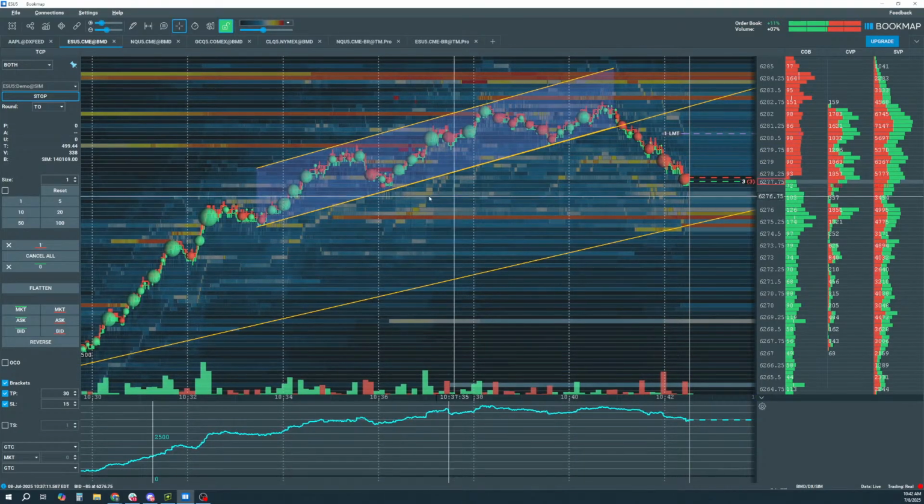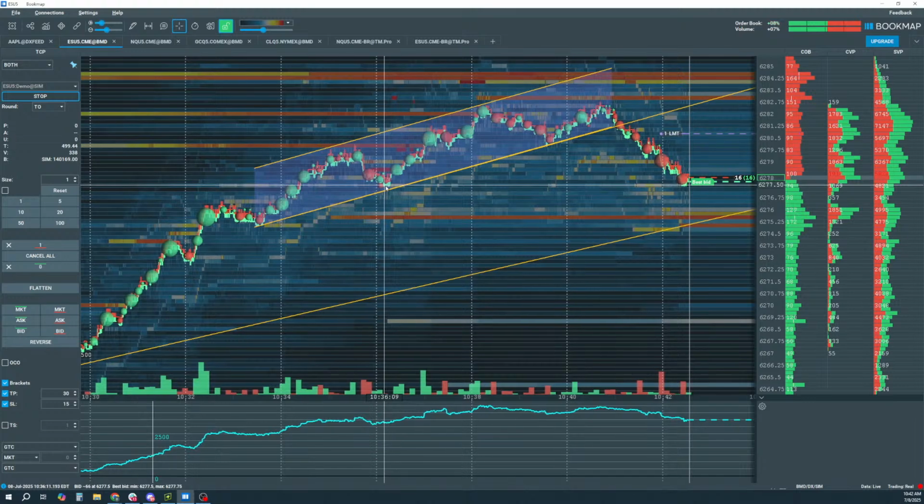Okay, we should be getting a pullback here after maybe the test and probe to this swing here.